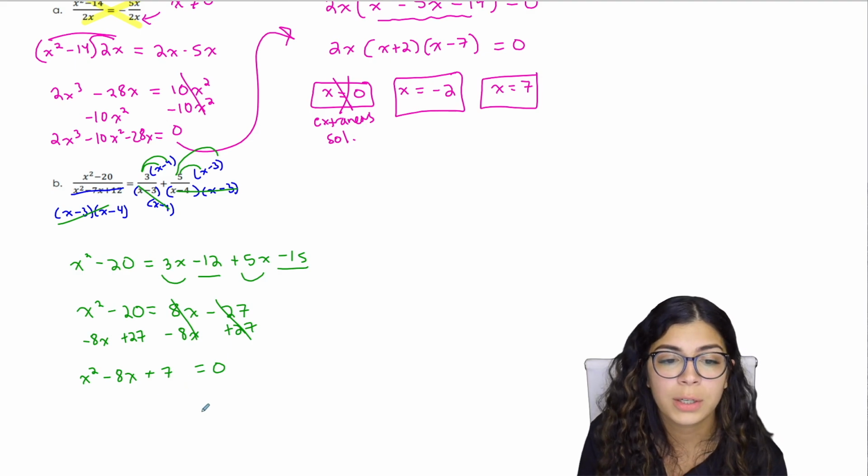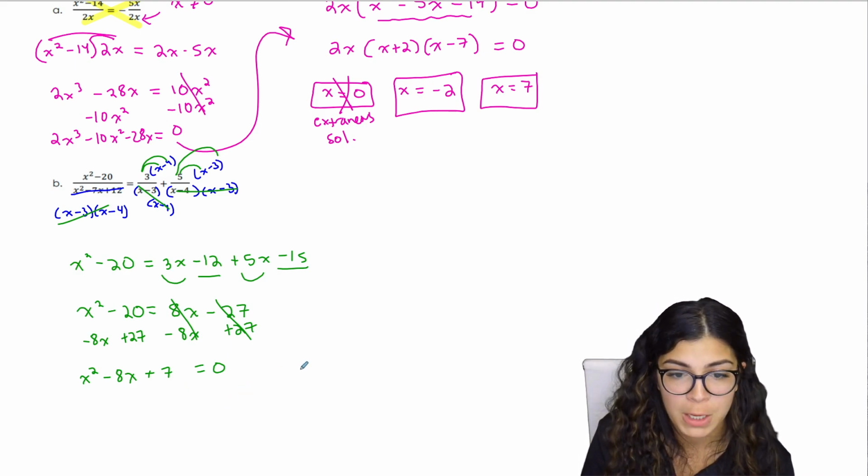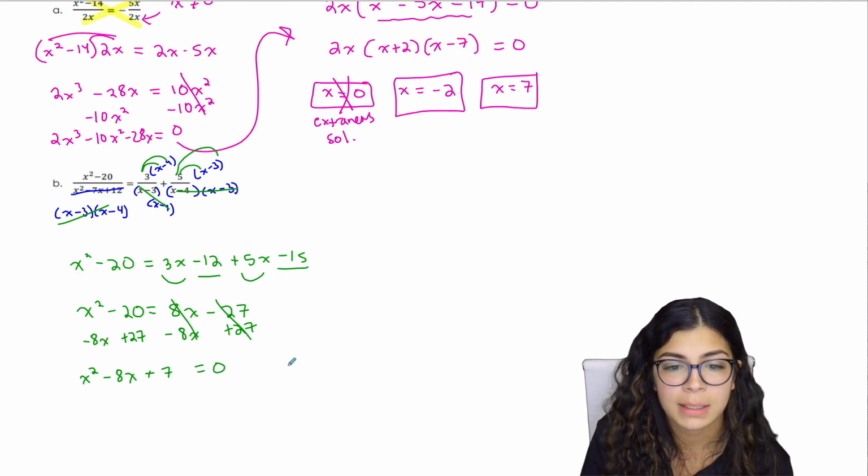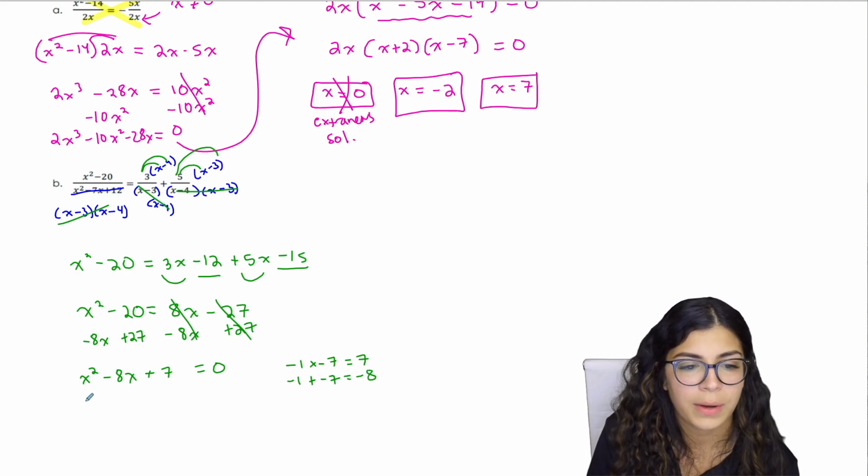And to solve this trinomial, I'm going to try factoring. Multiplies to 7 adds to -8. That's easy. -1 times -7 is 7. -1 plus -7 is -8. So this will factor into x minus 1 times x minus 7. So my two solutions are x equals 1 and x equals 7.